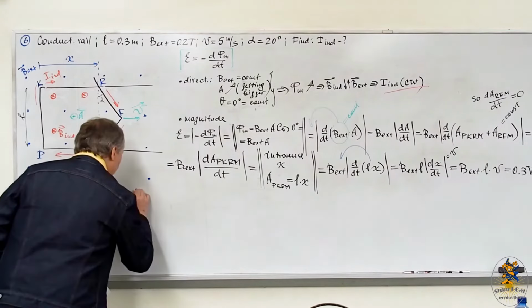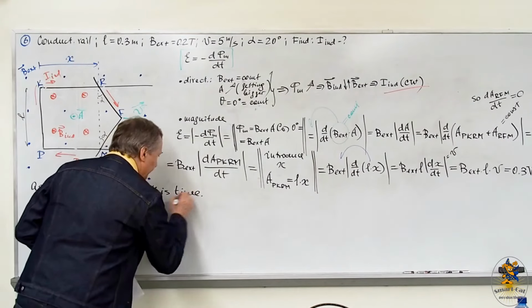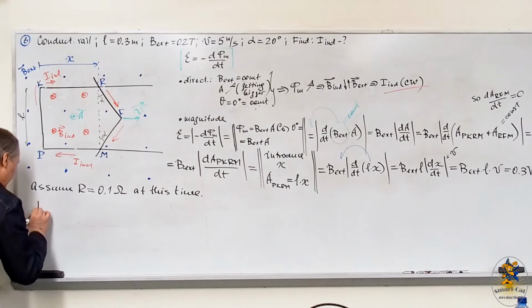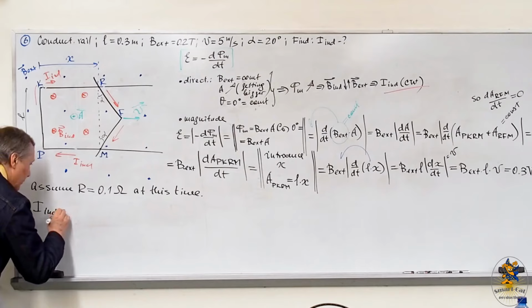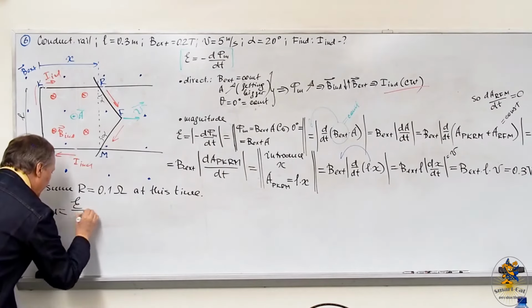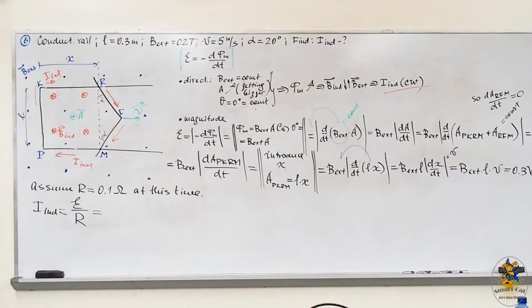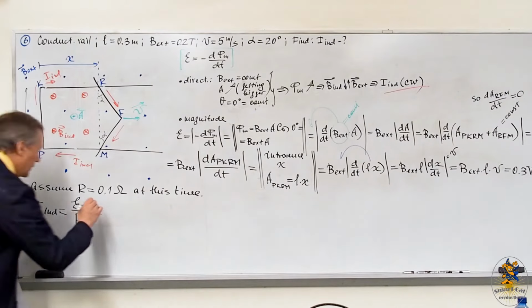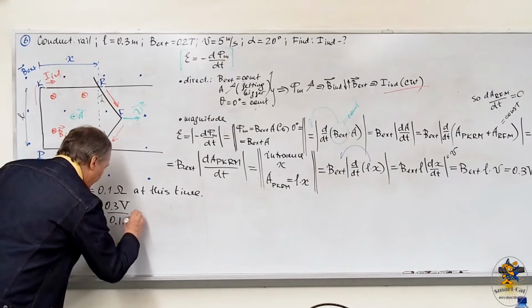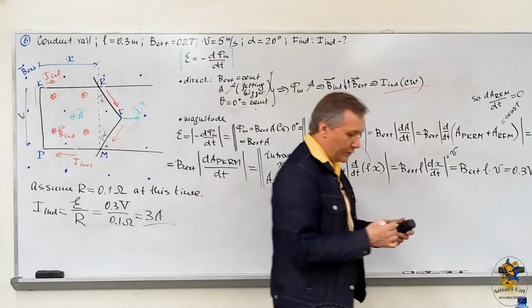Of course, the induced current: since we know the EMF, which is produced in the loop, you take that EMF and divide it by the resistance. So 0.3 divided by 0.1 ohm, so 3 amps of induced current.